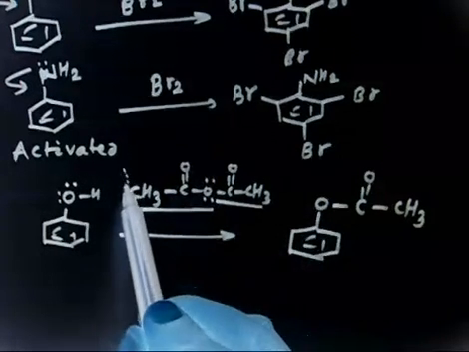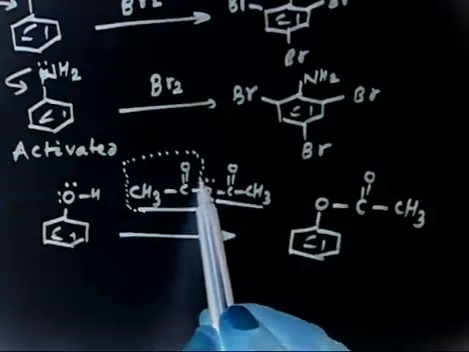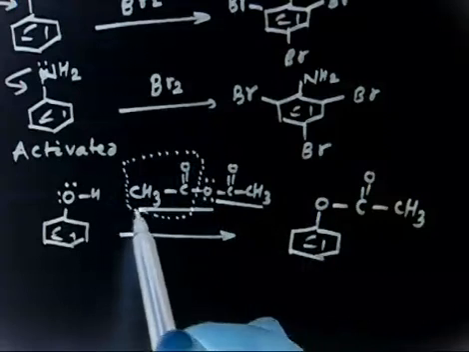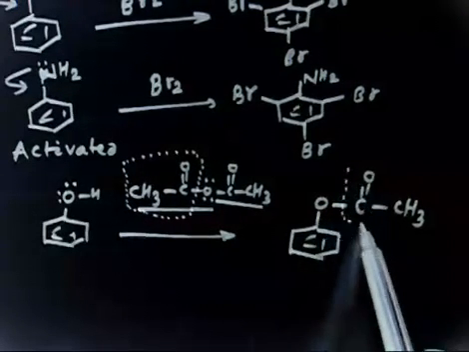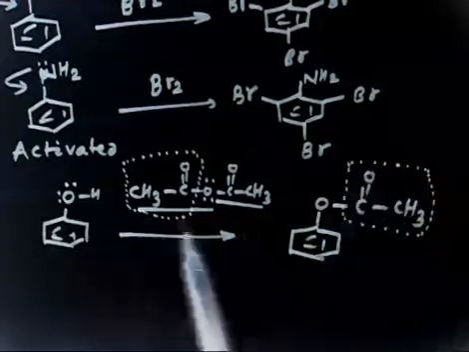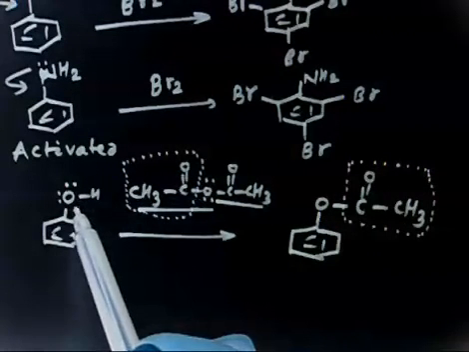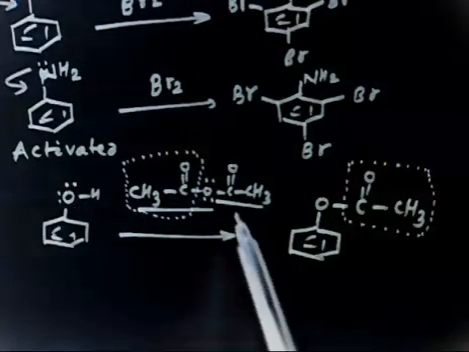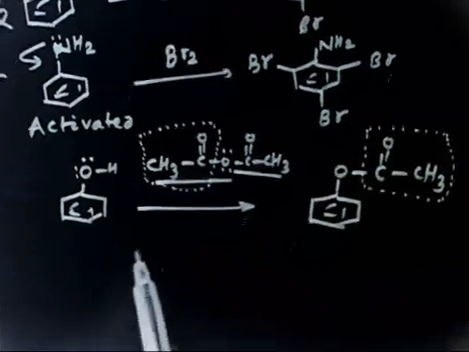So here you have the same group. What we will think is, can I attack this carbon, open up, then lose H plus, and then this is also a good leaving group, so I can remove this one. Let me do this one, and then you do the next problem yourself.